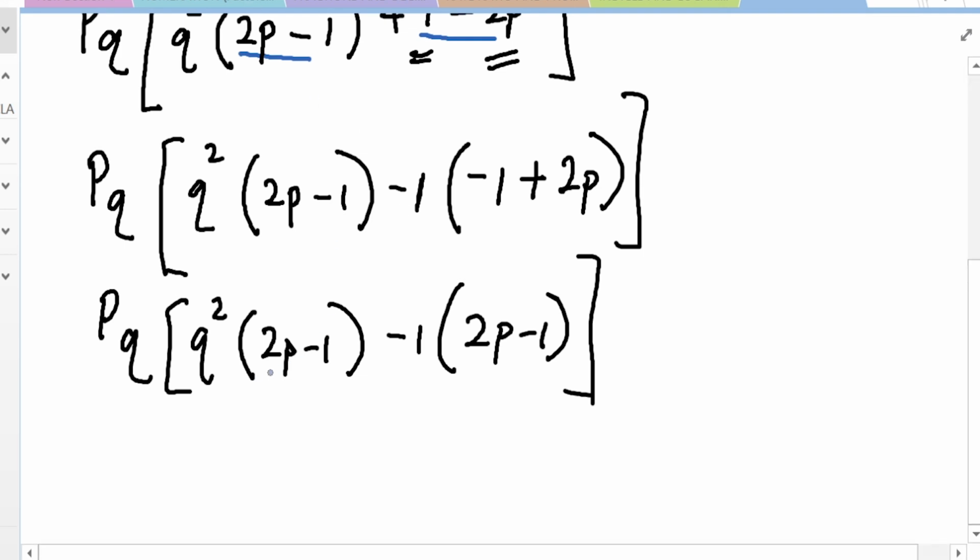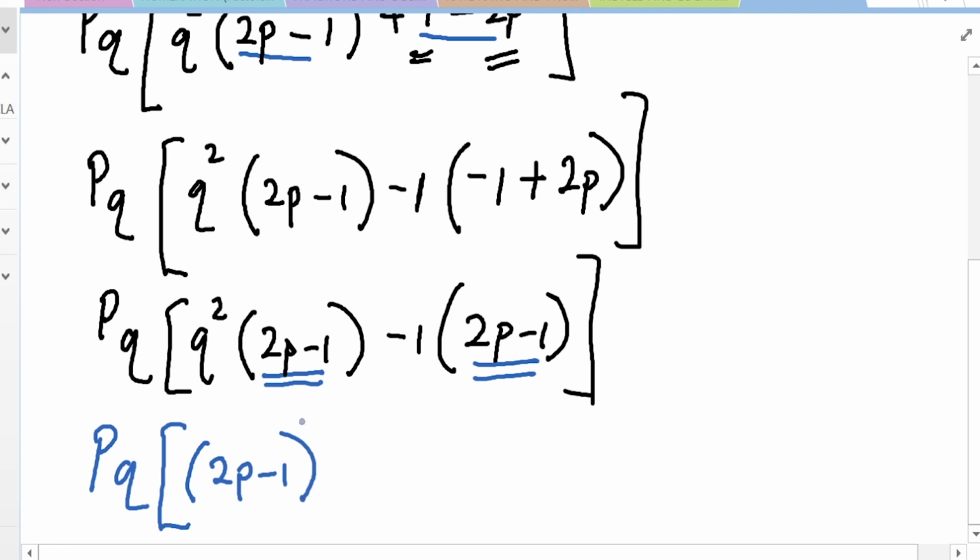So from here, you're able to notice that we have 2p minus 1 there, 2p minus 1 there, same items in the bracket. So I shall say pq into, the items in the brackets we put in their own bracket, which is 2p minus 1. Then the items that are outside the brackets, that is q squared minus 1.